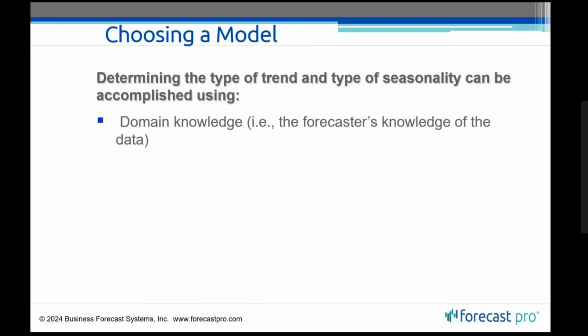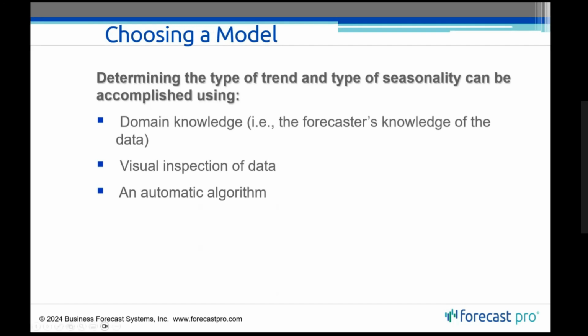Okay, so how do I choose a model? I've got these 12 different models to choose from, and now which one do I want to use? Well, there are different ways of doing this. I could use my own knowledge of the data. I could use a visual inspection of the data. I could use an automatic algorithm.